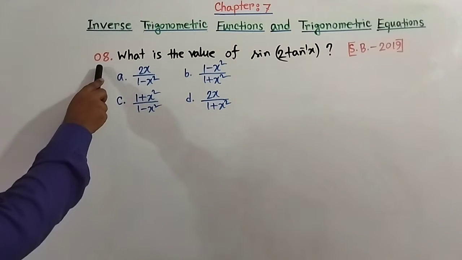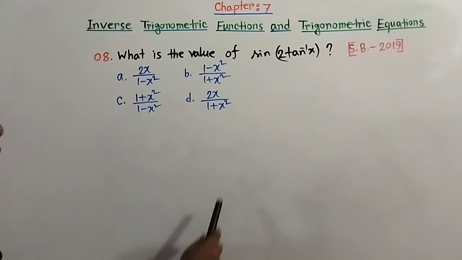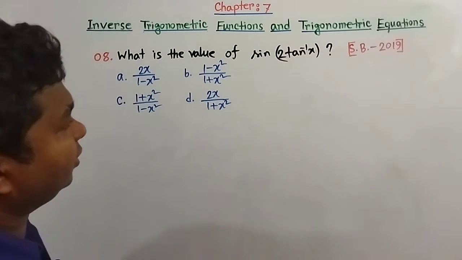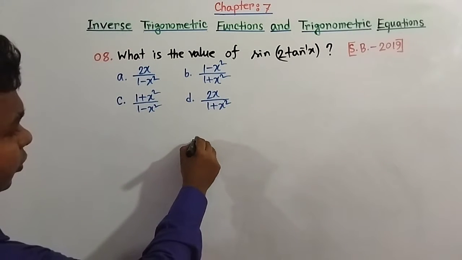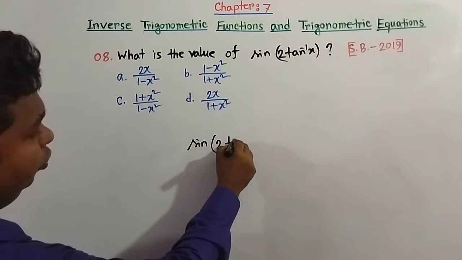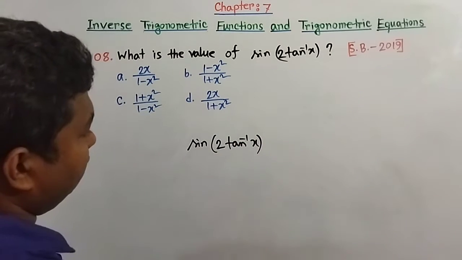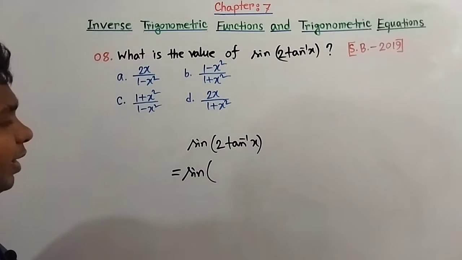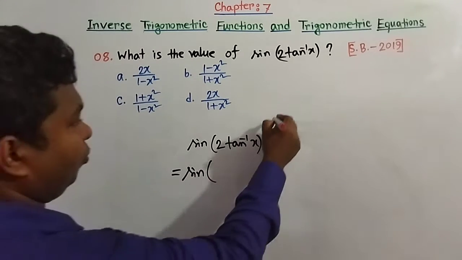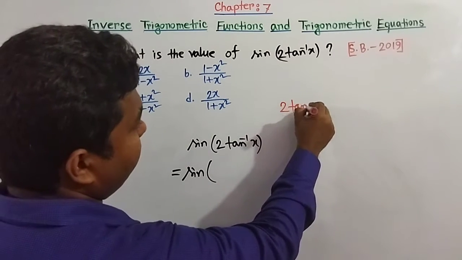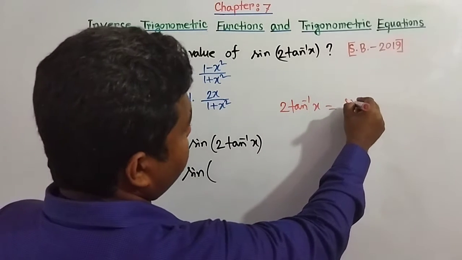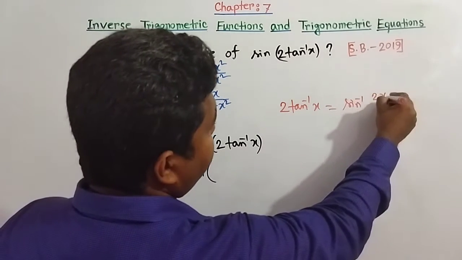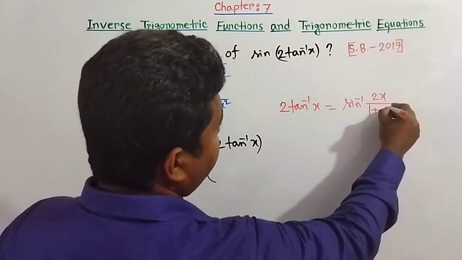Now question number 8, what is the value of sine 2 tan inverse x? Here sine of 2 tan inverse x, we know our formula 2 tan inverse x equal to sine inverse 2x by 1 plus x square.